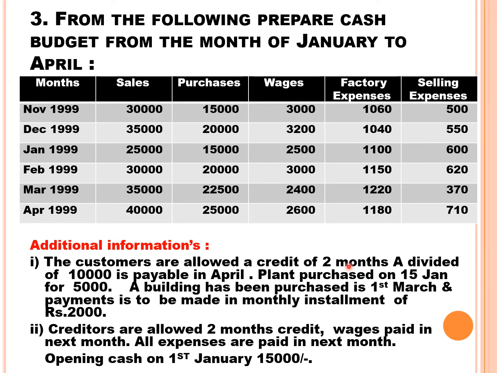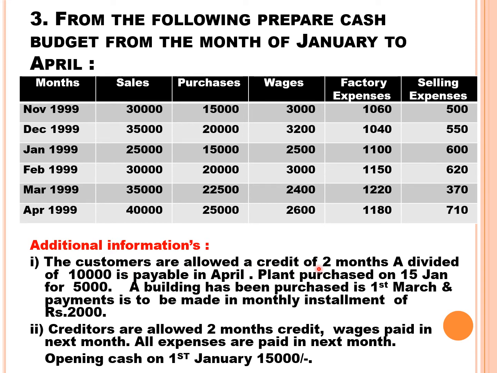The total sales is credit because we don't have any information that 20% cash, 30% cash, and so on. So since there is no information about cash sales, we assume that entire sales is credit. Here customers are nothing but buyers, so it indicates sale.